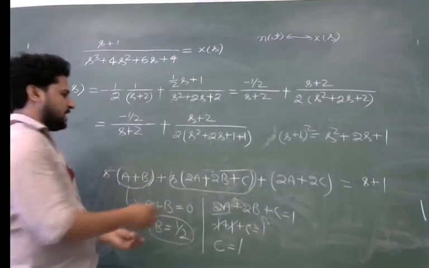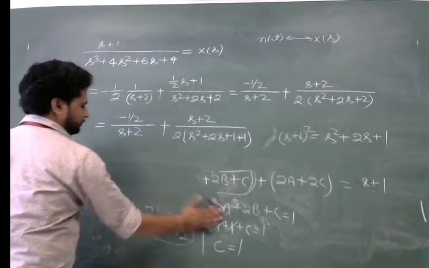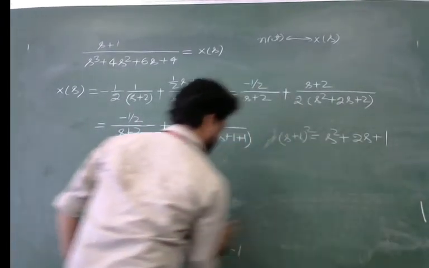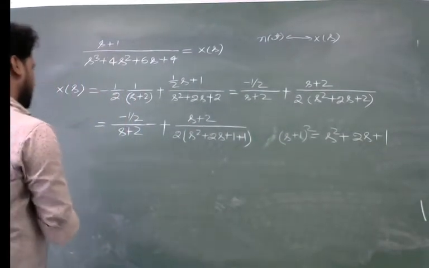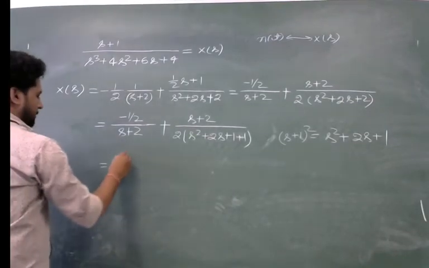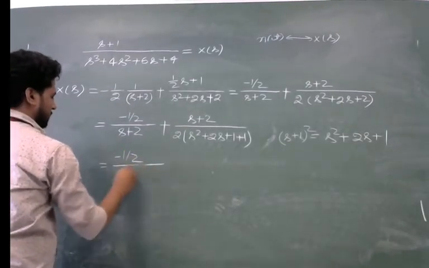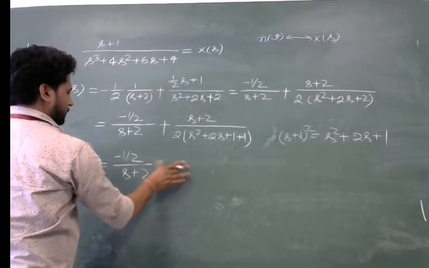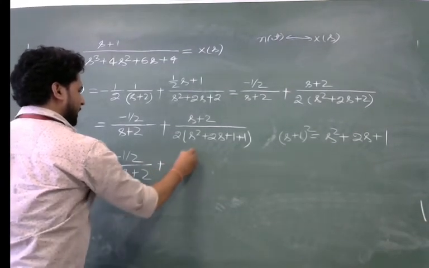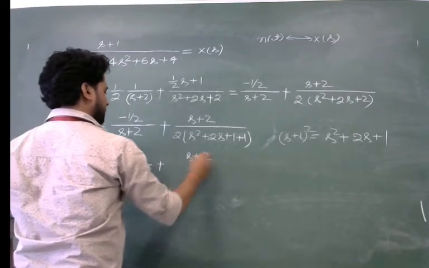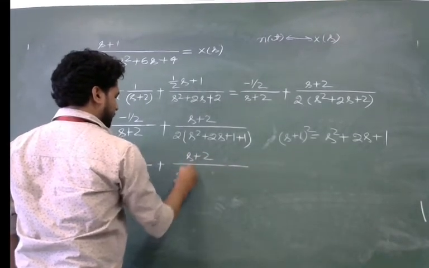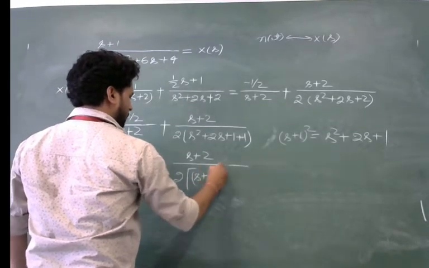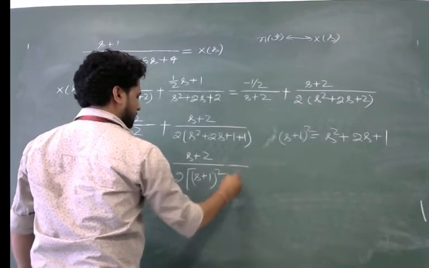So I will write it as minus 1 by 2 upon s plus 2, plus s plus 2 upon 2 into s plus 1 whole square plus 1.